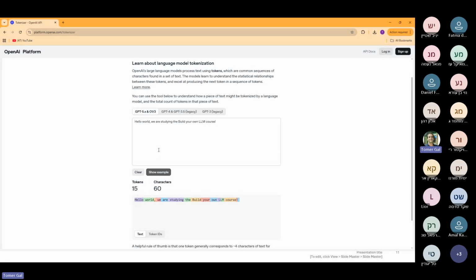By the way, not every tokenizer is the same. If we look here at different tokenizers, for example GPT-5 and o3, let's look here. Same. That doesn't mean the tokenizers are the same. No.